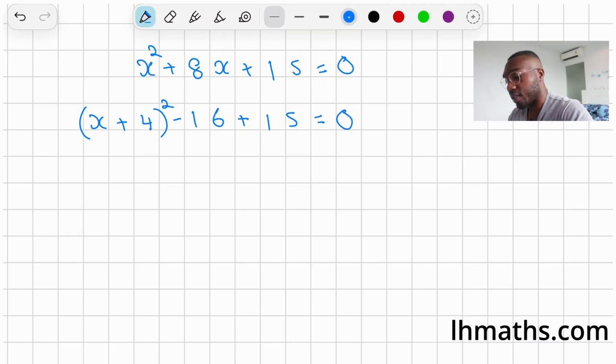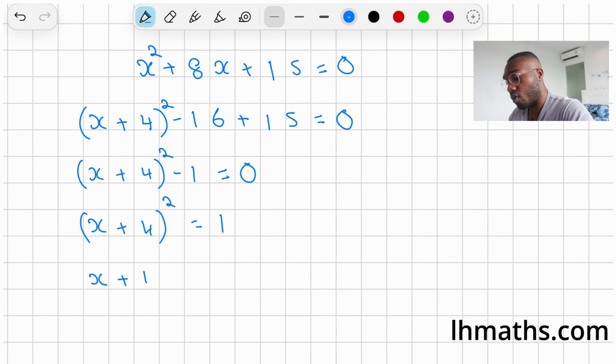So if we just work this out, we get x plus 4 squared, and then we get -16 plus 15, which is -1, is equal to 0. So therefore we get x plus 4 squared is equal to 1. If we square root both sides, we would get x plus 4 equal to the square root of 1. Remember, in this case, it's a plus or -1.